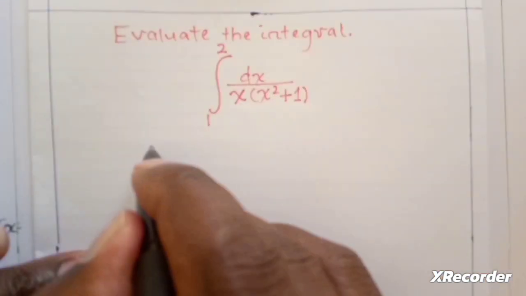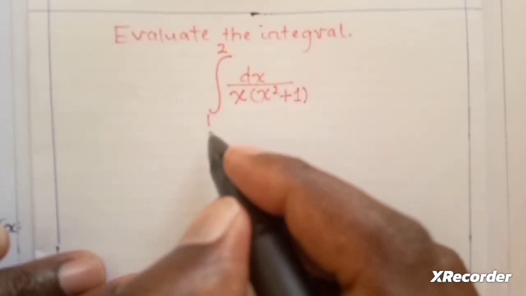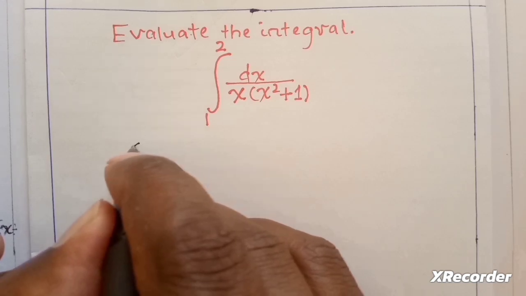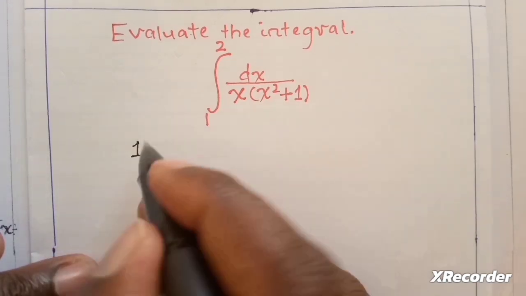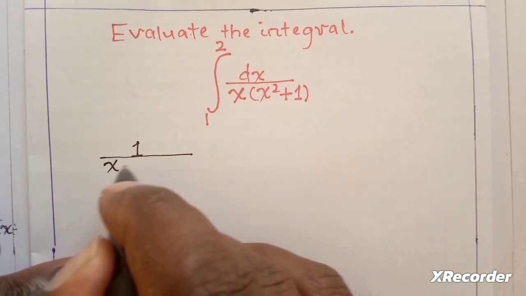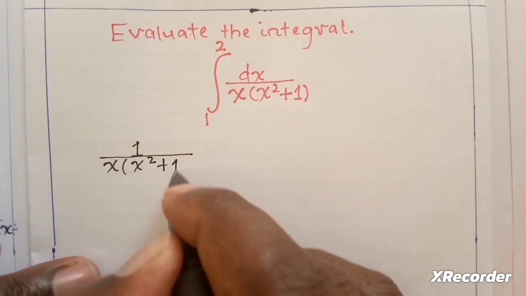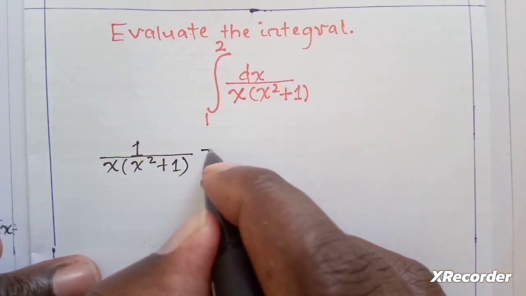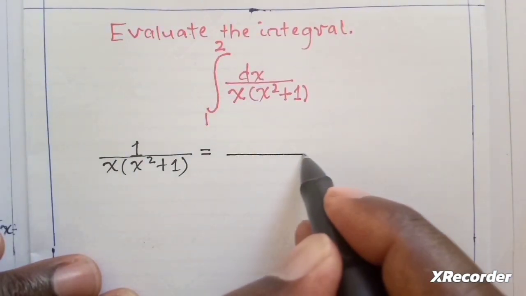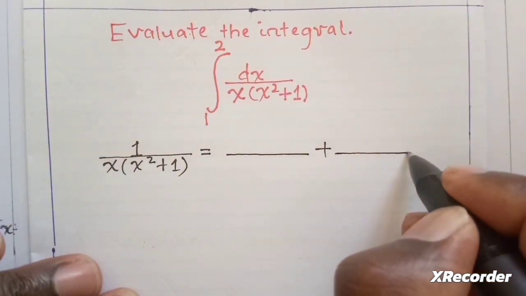And so guys, we first of all separate it into partial fractions. So I say 1, I'll leave out dx first of all because I'm not integrating right now. So I say 1 over x squared plus 1 is equal to, now we write this in partial fractions, like that.